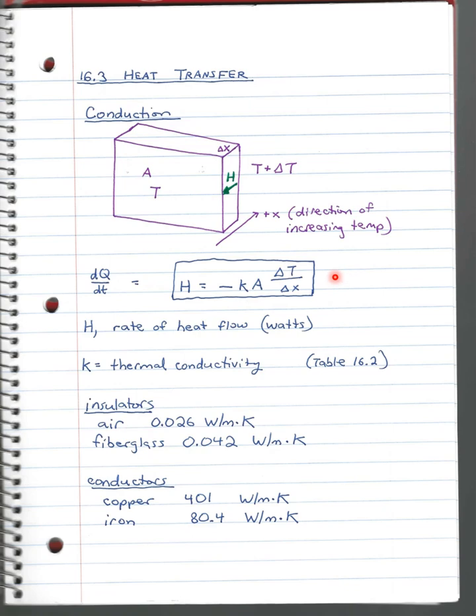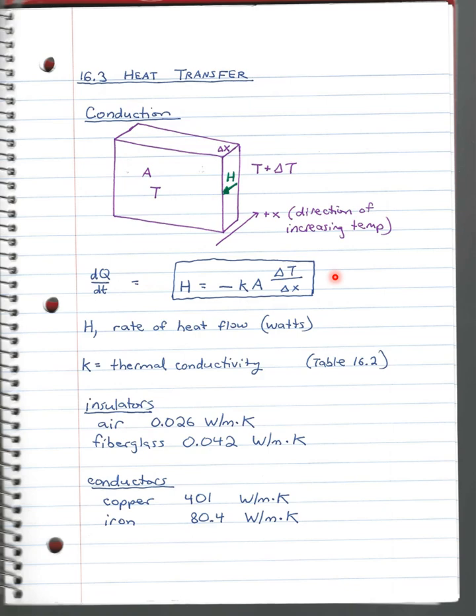However, the reality is the way we're going to be approaching the problems in this class, we're not going to need that negative sign. The negative just refers to the direction of heat flow. It's going in the negative x direction because it's going in the direction of decreasing temperature. However, in this class, you will just be concerned with the absolute value of this expression, so you're not even going to need that negative sign.